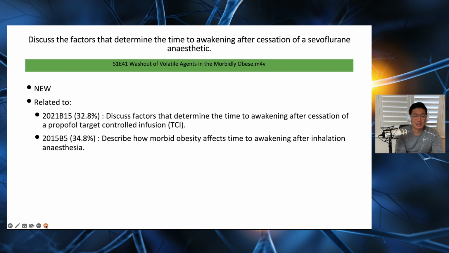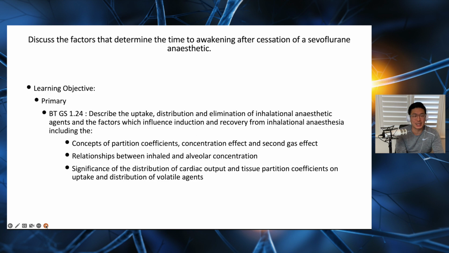Yeah, that's good. And then we look at the learning objective. So this is PDGS 1.24, describe the uptake, distribution, and elimination of inhalational anesthetic agents and the factors which influence induction and recovery from inhalational anesthesia, including the concepts of partition coefficients. So you had to include that, concentration effect, second gas effect, relationships between inhaled and alveolar concentration, significance of the distribution of cardiac output, and tissue partition coefficients on uptake and distribution of volatile agents.